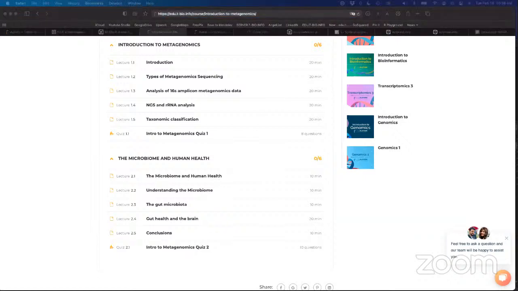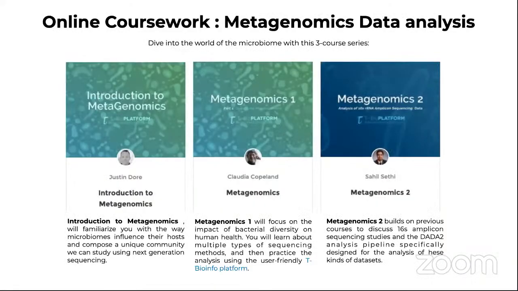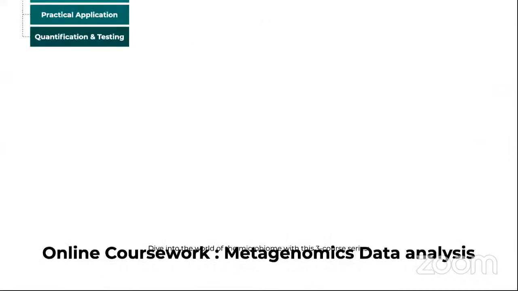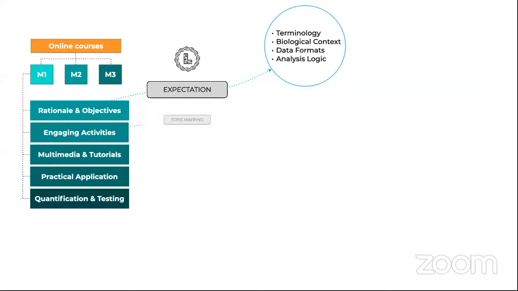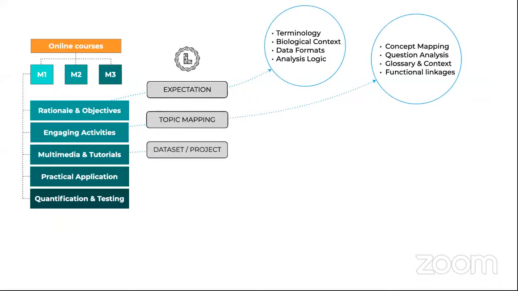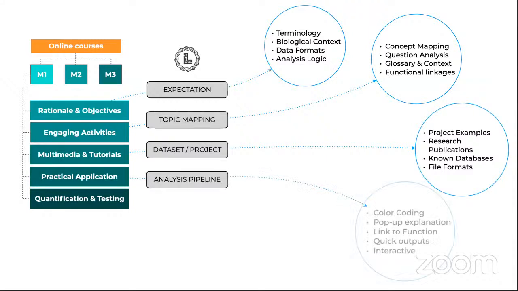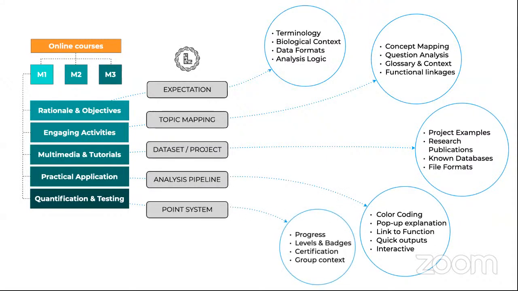So in other courses that we will go through in this program, you will find additional hands-on applications and important examples that we will go through. So the way these courses are organized is that you will see the expectations for each one of the activities, mapping of conceptual topics, because it can get quite confusing with a lot of terminology and a lot of very specific details that you have to know to understand how data sets are being analyzed, for which reason and how.